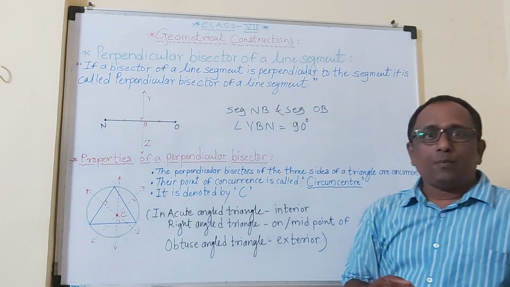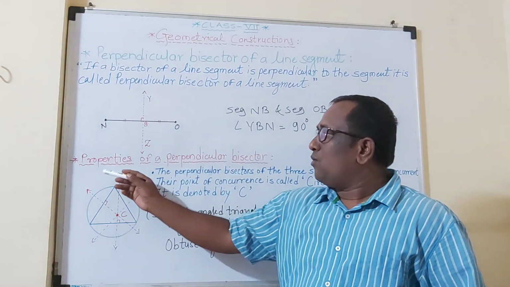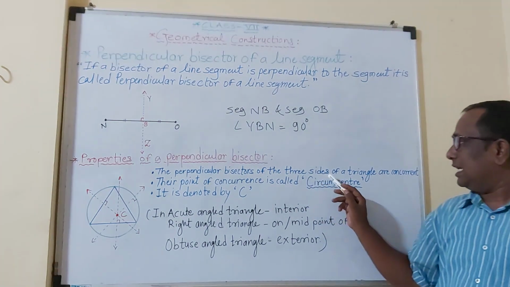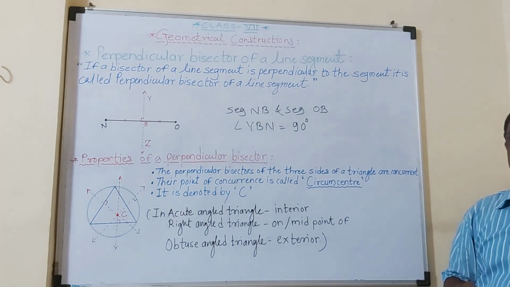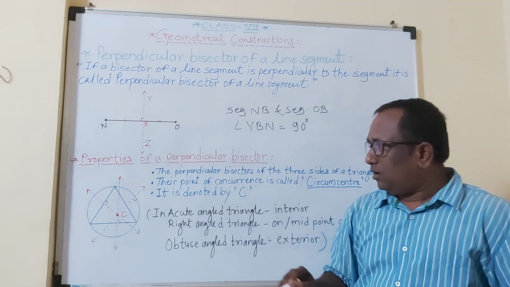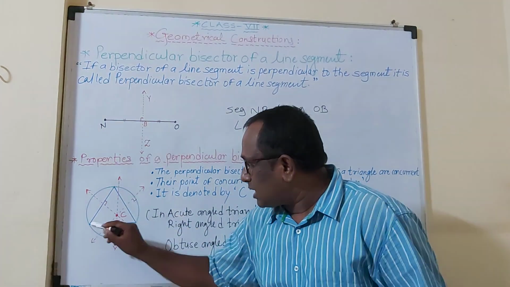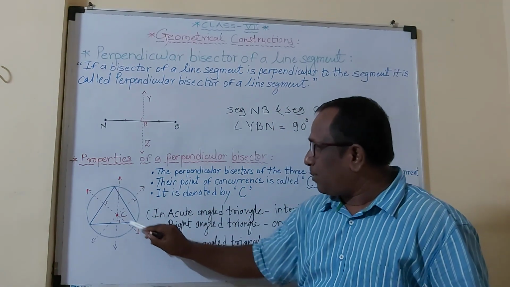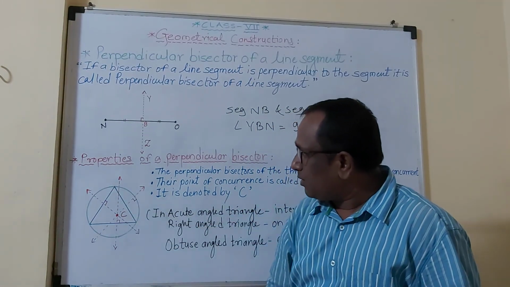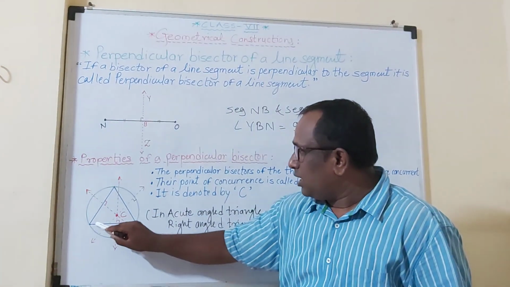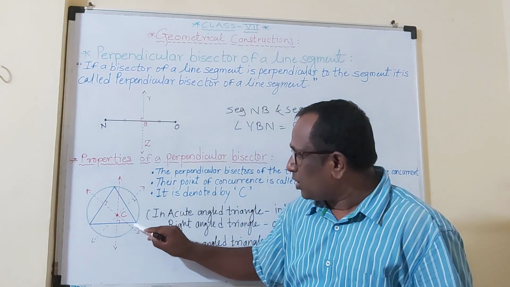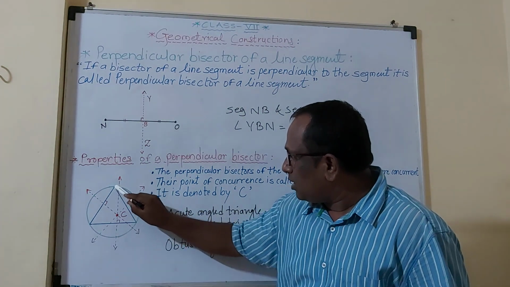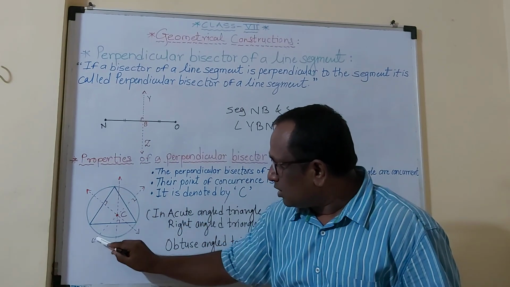Now there are some properties of perpendicular bisector. First property, the perpendicular bisectors of the three sides of a triangle are concurrent. Now see here, in this triangle, this one is the first perpendicular bisector of this line, then this bottom line has a perpendicular bisector, and this side has this perpendicular bisector.